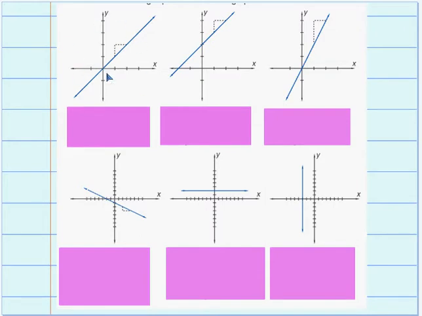This line crosses the y-axis at the point 0, or the ordered pair 0, 0, but we're only concerned with the y-coordinate. So it'd be 0. And our slope is up 1 over 1, so our slope is 1. So our equation would be y equals x. Now, this could be plus 0, but we don't write that.